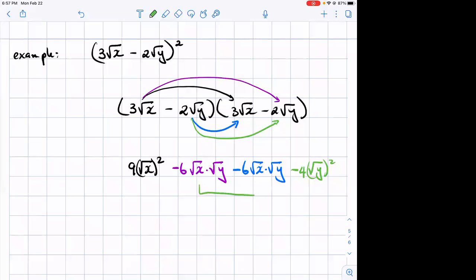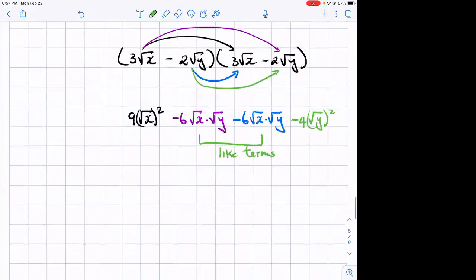Combining, these are like terms. Those are like terms, so that becomes, I will leave the first 9. We have 9 root x squared minus 6 minus 6 becomes minus 12 root x root y minus 4 root y quantity squared.